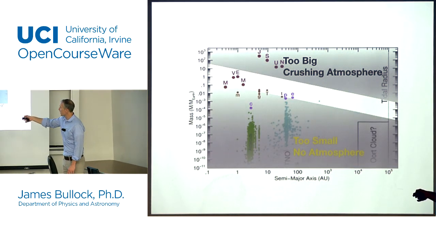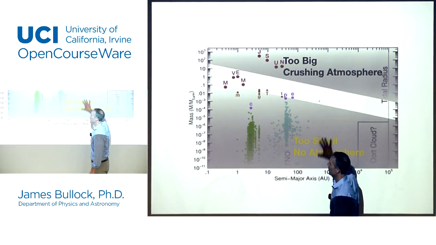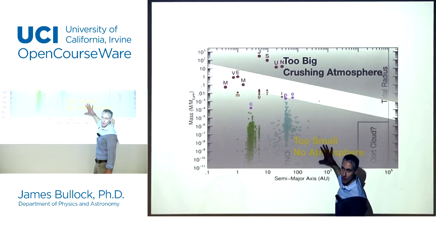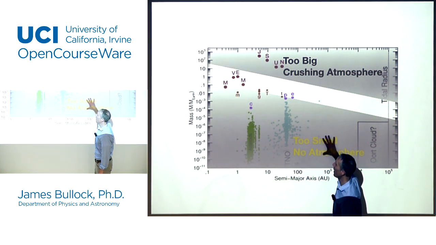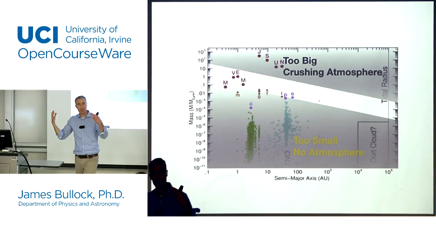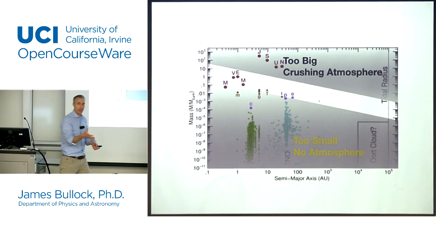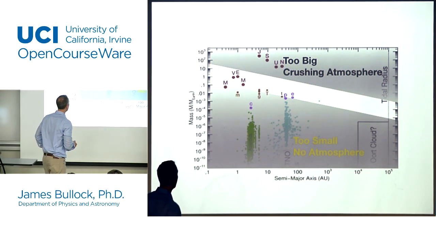Some other planets, like Mars, probably have too small atmospheres. They're such low mass that they cannot hold on to much of an atmosphere, and that's also bad for life, because you have to have a thick atmosphere in order to have any kind of atmospheric pressure to have liquid water, or any kind of liquid, really. You need some pressure for that.